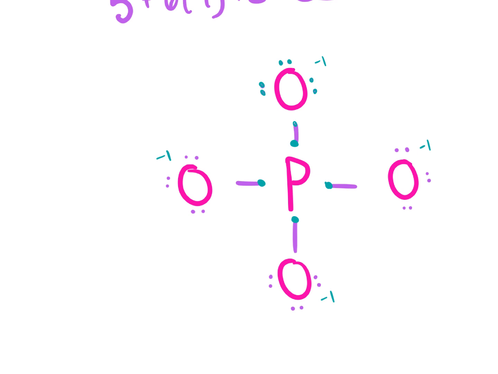So what charge does phosphorus have? A +1. And the reason this structure is not preferable is because every single one of our atoms is carrying a charge, and we want to have as few atoms as possible carrying a charge. That's the goal.